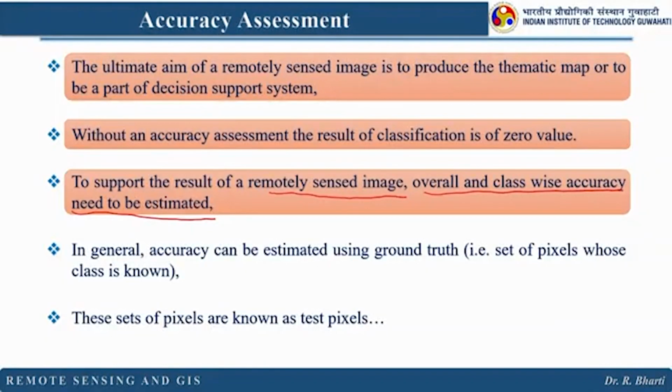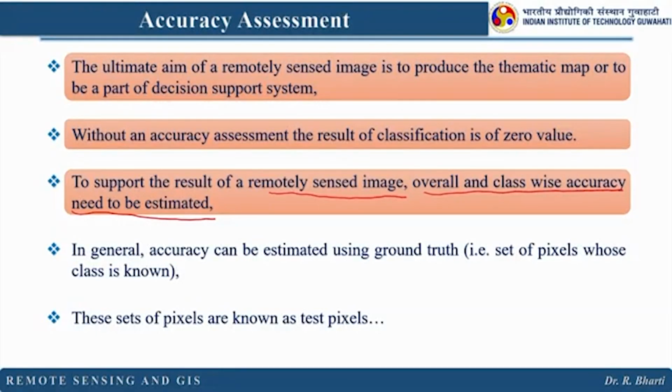Does it mean that all the classes, whatever we have considered in the classification, have similar accuracy? No, it cannot be. So, you need to estimate the class wise accuracy as well as the overall accuracy of your classified image. So, that is why this third point I have highlighted: to support the result of remotely sensed image, overall and class wise accuracy need to be estimated, right.